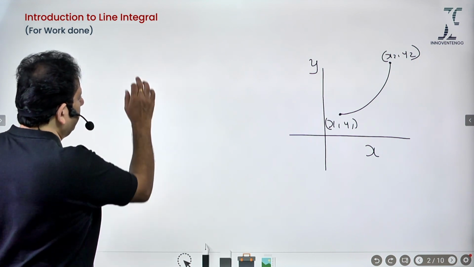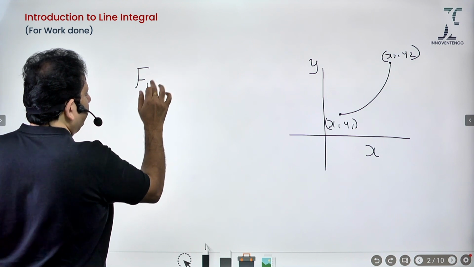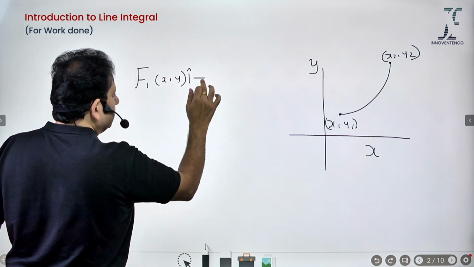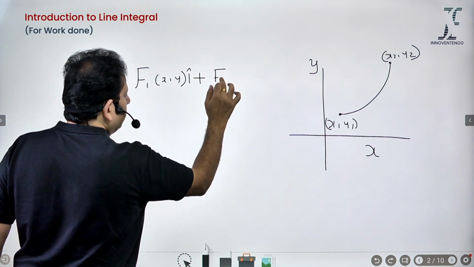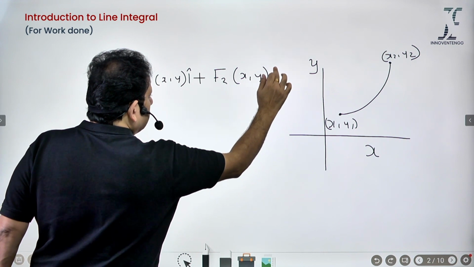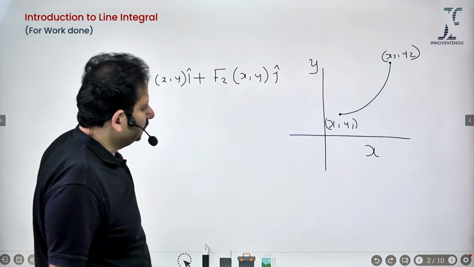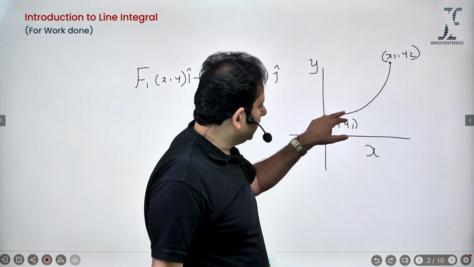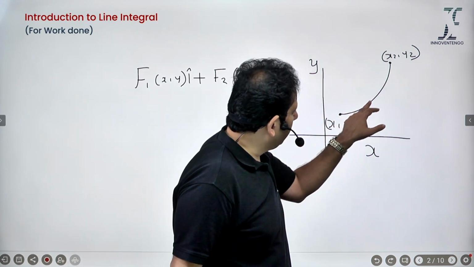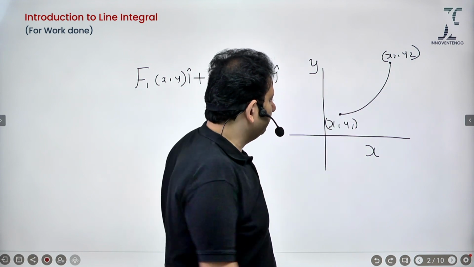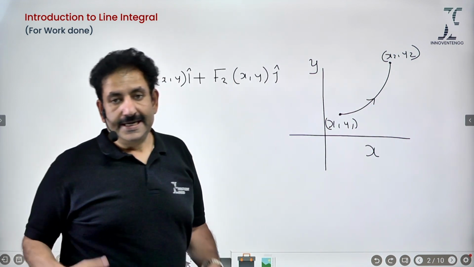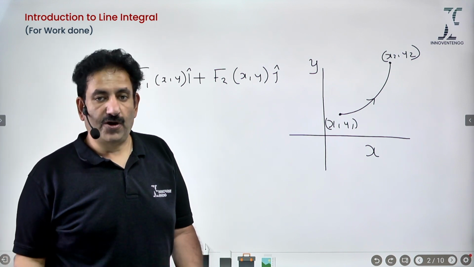That means if I define a force F1 which is a function of x comma y along the i direction, and a force F2 which is a function of x comma y along the j direction, the magnitude of the force at every point varies, because it's a function of x and y, and x and y are continuously varying across this curve. So therefore integration automatically becomes warranted.